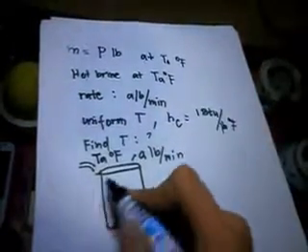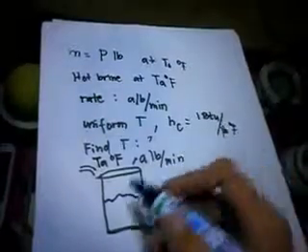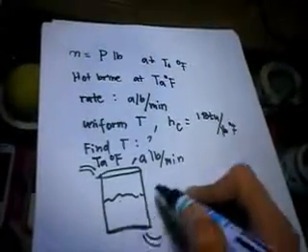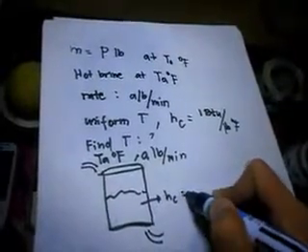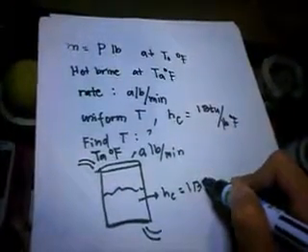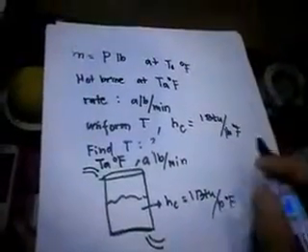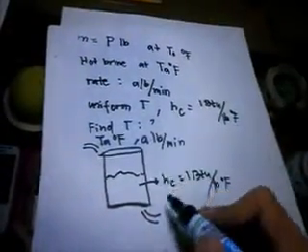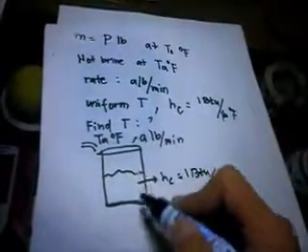Okay, and we have here the brine, which has a heat capacity of 1 BTU per pound degree Fahrenheit, and it says that it has uniform temperature.